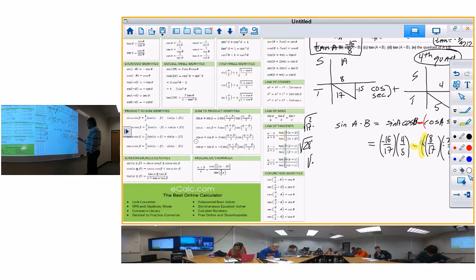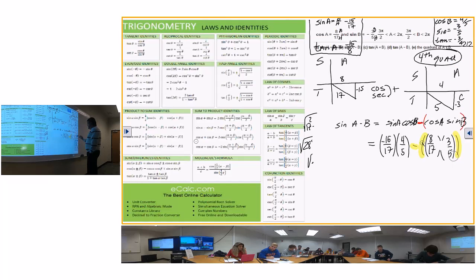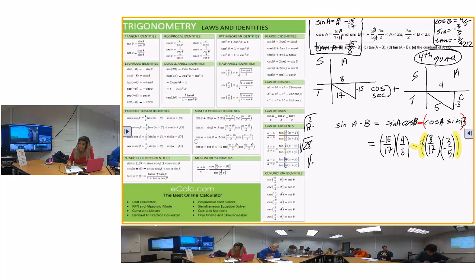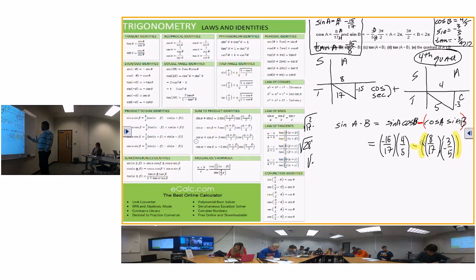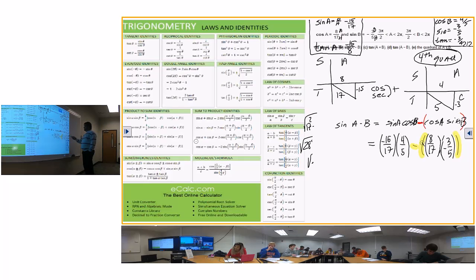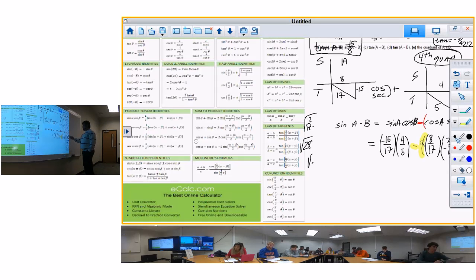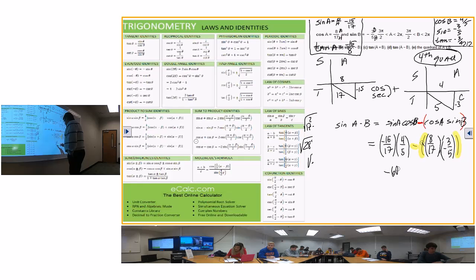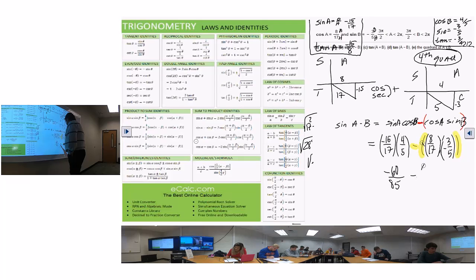I guarantee somebody's out there going, oh, I see what he's doing now. And I'm going to go ahead and leave the common denominator as whatever I said it was a while ago, 85. So negative 15 times 4, that's going to be negative 60 over 85 minus a negative 24 over 85.